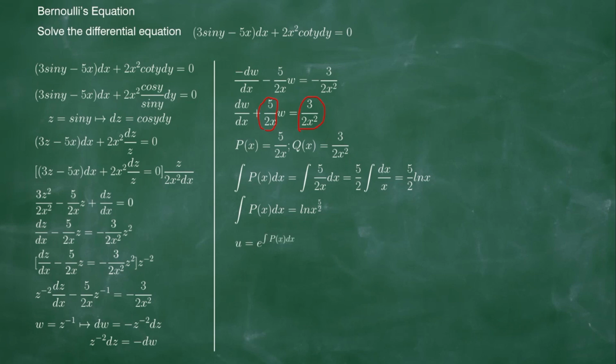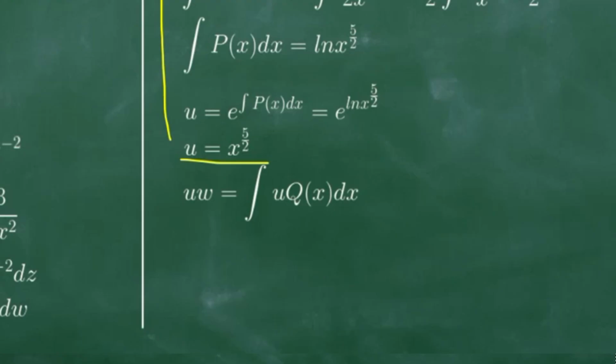Now our integrating factor u equals e to the integral of p of x dx, which is e to the ln of x to the 5 halves, or it's just u equals x to the 5 halves. Next, we will multiply this integrating factor here, or we can use this formula. The integrating factor u times the dependent variable w equals the integral of the integrating factor u times q of x dx.